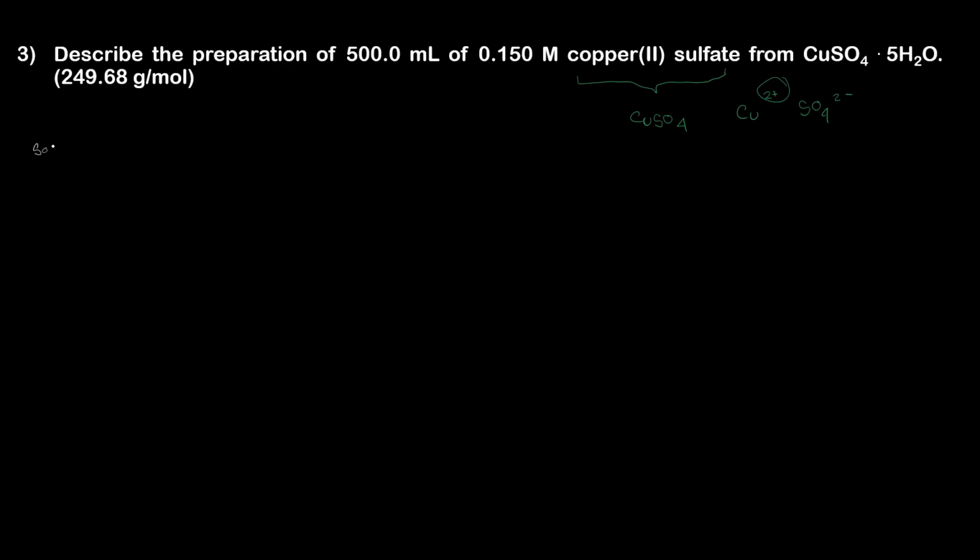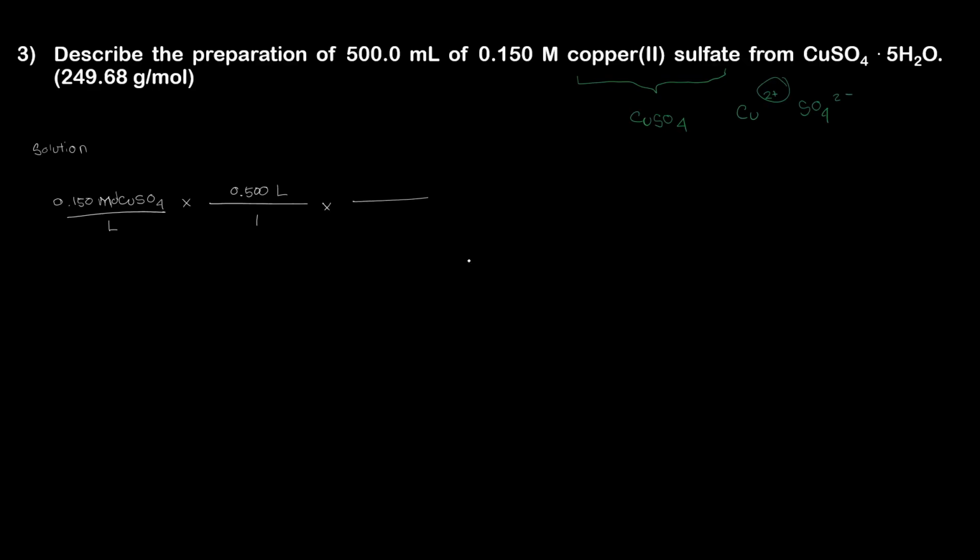Let's start with the molarity, or the concentration, which is 0.150 molar copper sulfate. Note that molar is mole per liter, so let's put it in mole per liter. We used 500 ml, which is basically 0.500 liters, just through conversion.